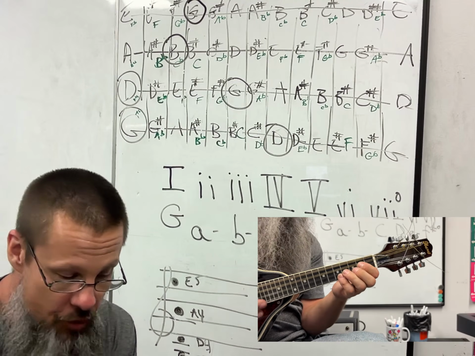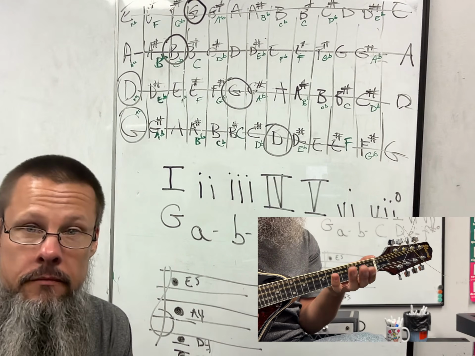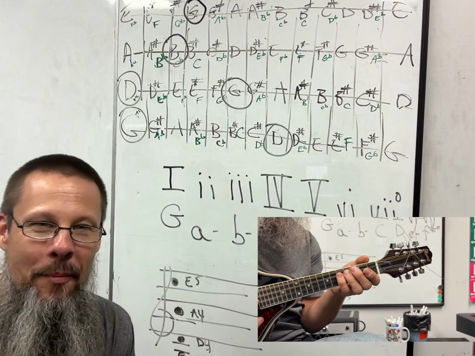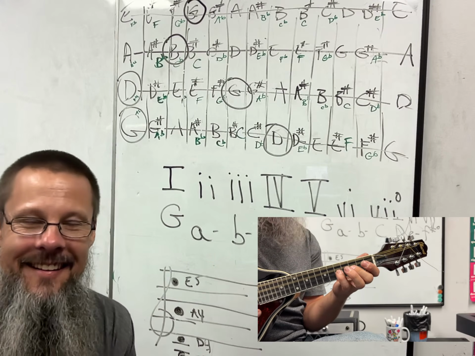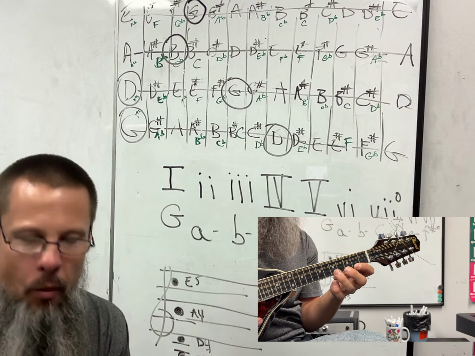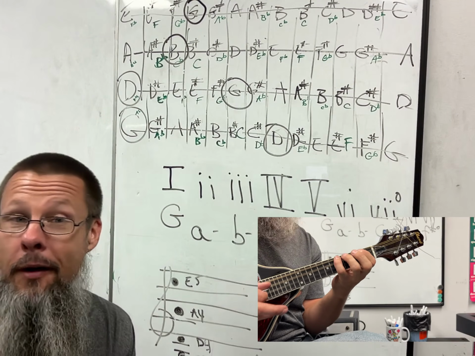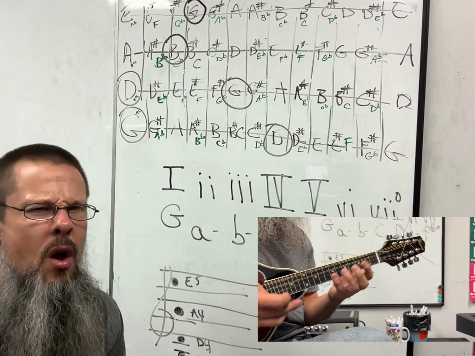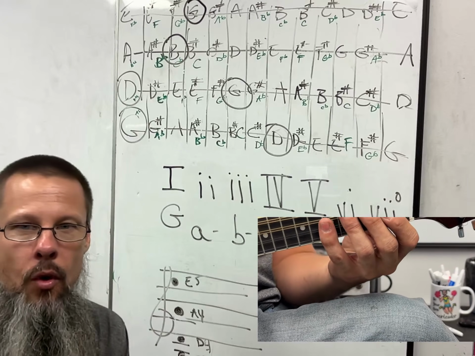On our mandolin, G, A, B, C, D, E, F sharp, G, open A, B, C, D, open E, F sharp, G. Now you can go up another one to A. Heck, you could even stretch to B. But the idea is if we play do, re, mi, fa, sol, la, ti, do, re, mi, fa, sol, la, ti, do, re, mi, we've got a pretty huge extended range by never moving from our first quadrant.